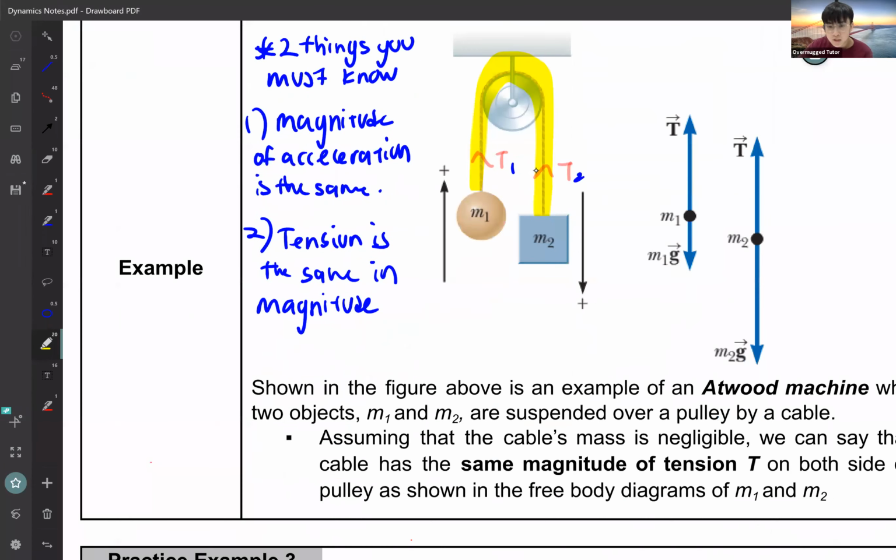It could be two equations, it could be more than two, it could just be one. But the idea is the magnitude of acceleration for both objects on either end of the rope is the same. Then the tension is the same in magnitude.